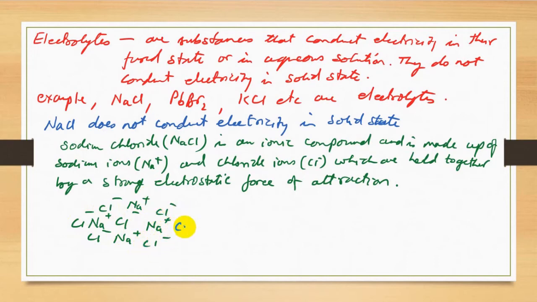It has a cluster of ions, a group of ions. Clear? And since it has a group of ions, what will happen? A cluster of ions forming the solid, isn't it? And there is a strong electrostatic force of attraction.